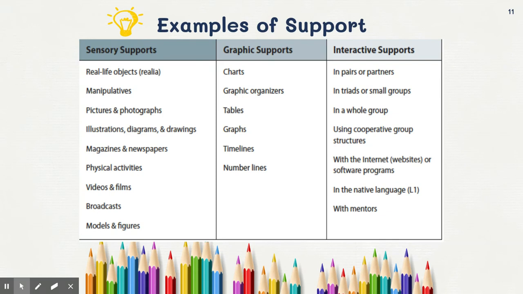We've got native language support, illustrations, pictures, manipulatives, films, graphs, tables, charts. You can demonstrate a higher idea, like comparing and contrasting using a Venn diagram to support a longer essay or to support just text.